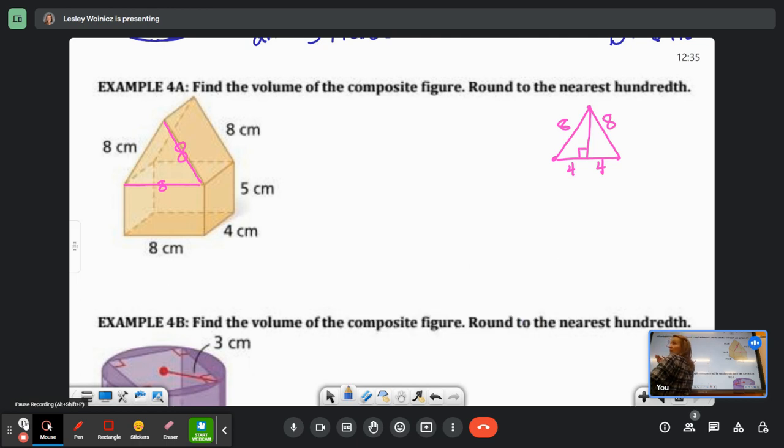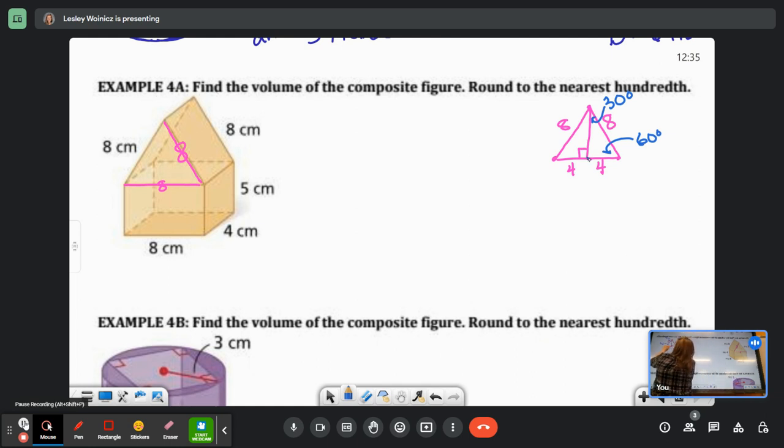Remember that this was an equilateral triangle, so it's also equiangular. So this little angle here is 60. And what's this one? Did I hear 30? Okay, 30 is right. So we have a 30, 60, 90 triangle.